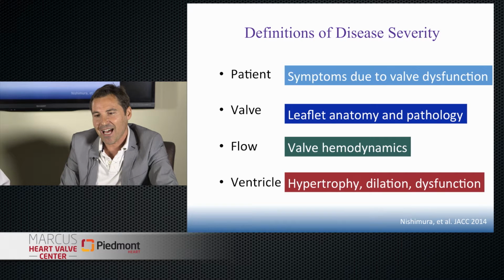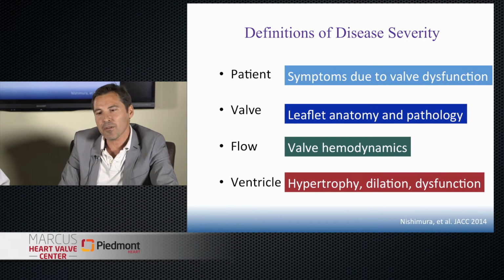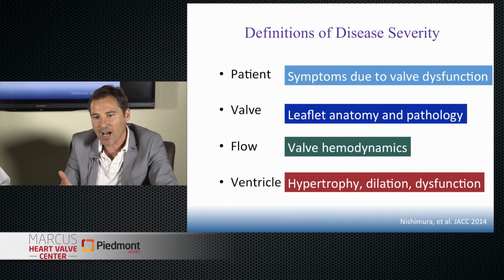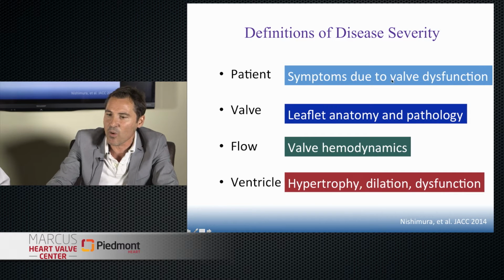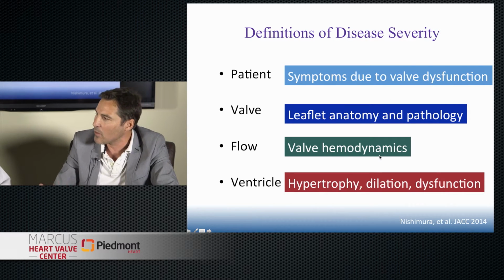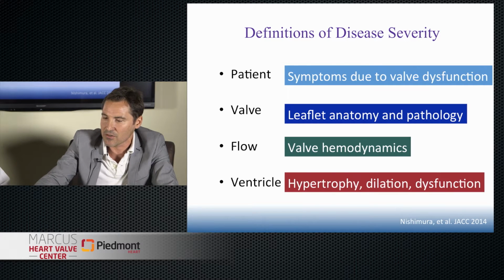Recently something of interest has been suggested: the disease staging from the American guidelines. I think there are a few important aspects in that disease staging that could be taken out, like how we take care of the patients: the valve, the flow, and the ventricle. This means it is all related to the consequences finally of the aortic stenosis.